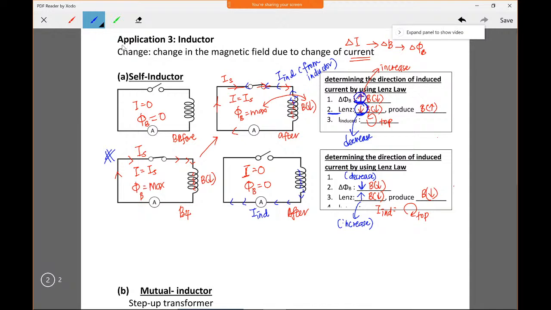Because that is definitely a compulsory question that will come out in your final. It seems not really difficult, but the most important part is this: if you can determine your step 1 clearly, the observation of the change, and write it down correctly, then for sure whatever you write afterwards will be correct.